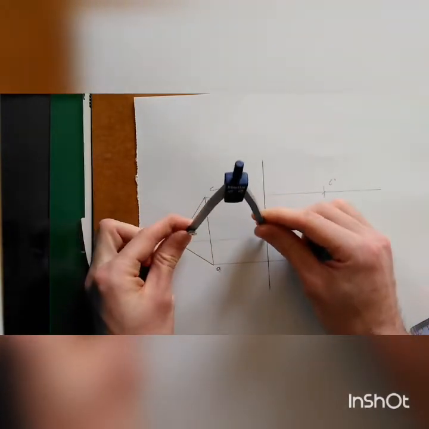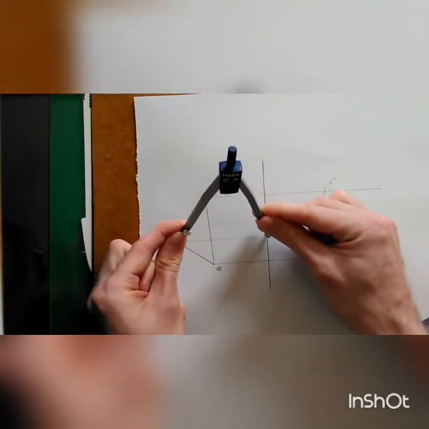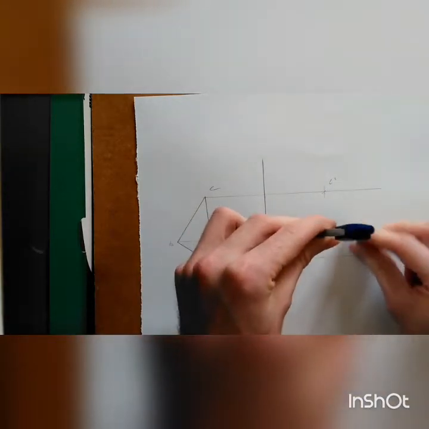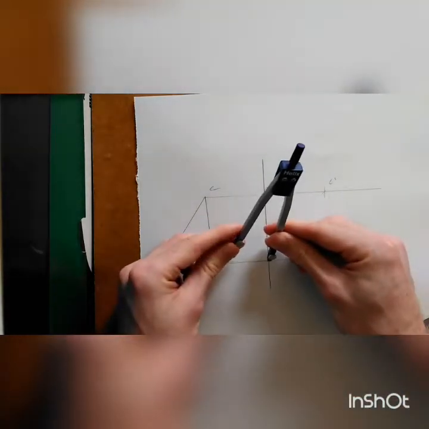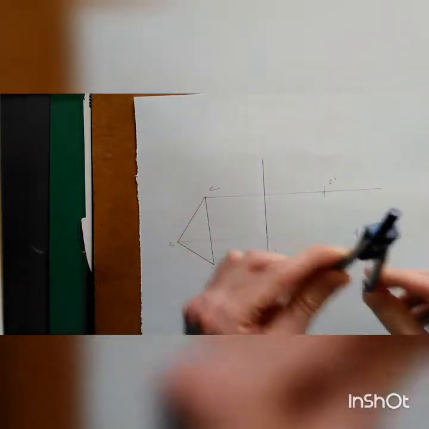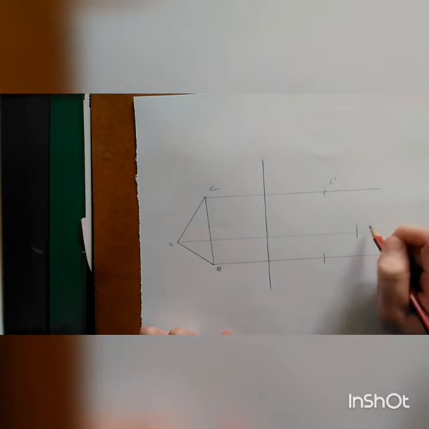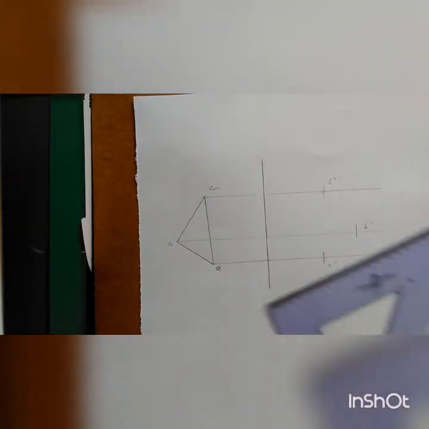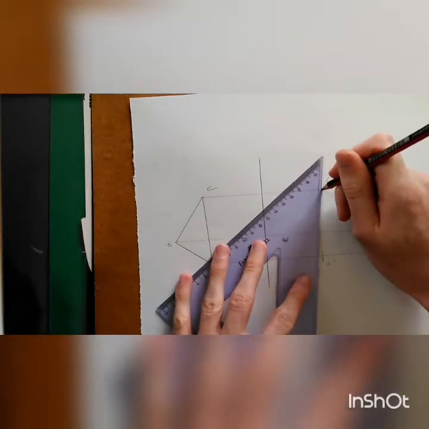So let's take it from here, and then from here as well. That would give you points B dash and A dash. And then you simply join them up.